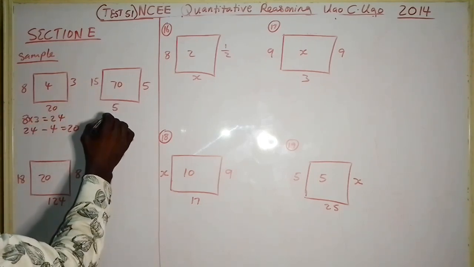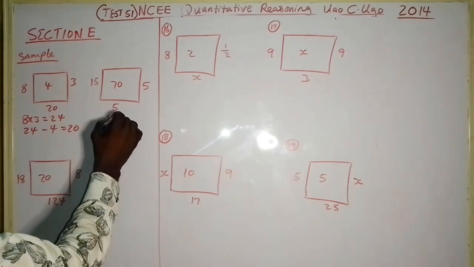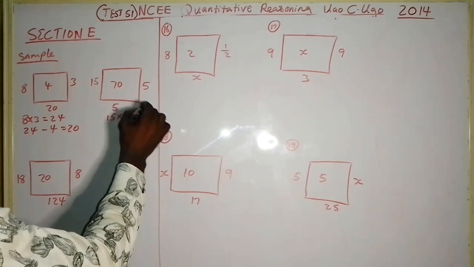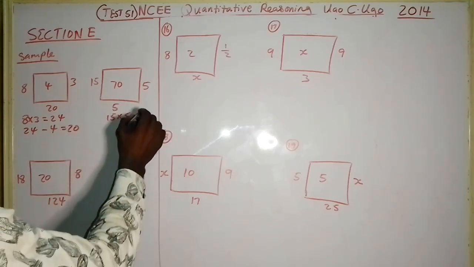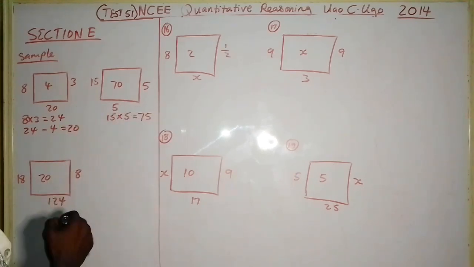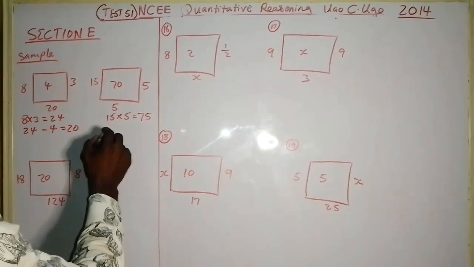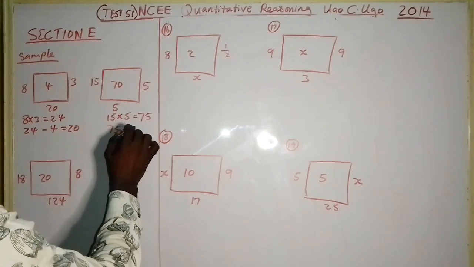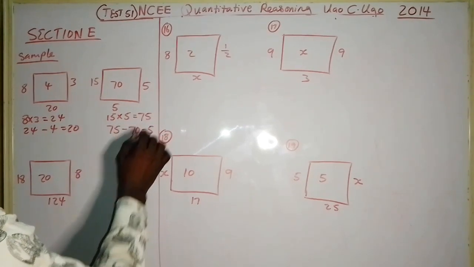Now, the next one is 15 times 5. 5 times 5 is 25. So write your 5 and keep your 2. 5 times 1 is 5 plus 2, that's 7. 75. Now, to get the number outside, you say 75 minus 70. 75 minus 70 will give you 5.